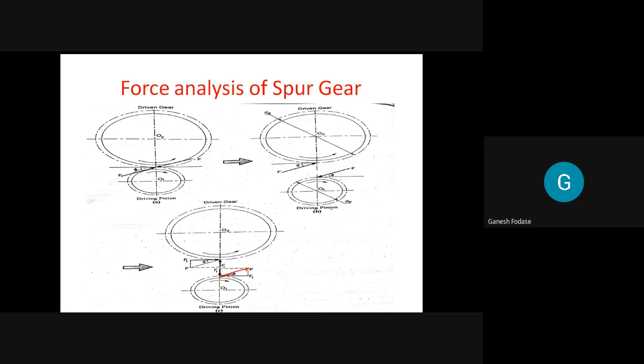There are two components. One is FR and the other one is FT. So let's say this one is FT, the tangential force. This one is FR, that is the radial force, and its resultant is the resultant force. So this one is F. So simply, there are two forces we considered in a spur gear: FR and FT.